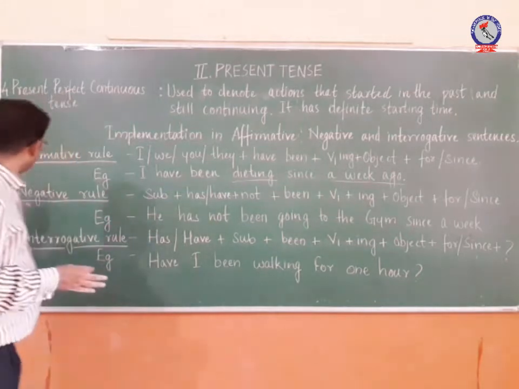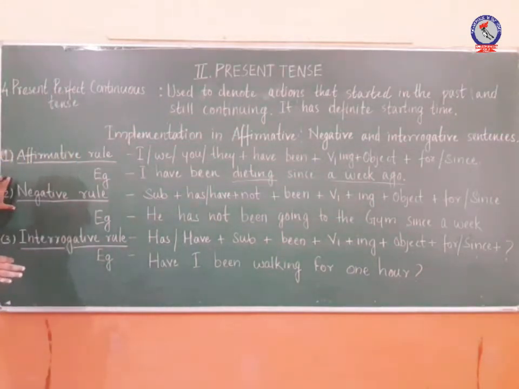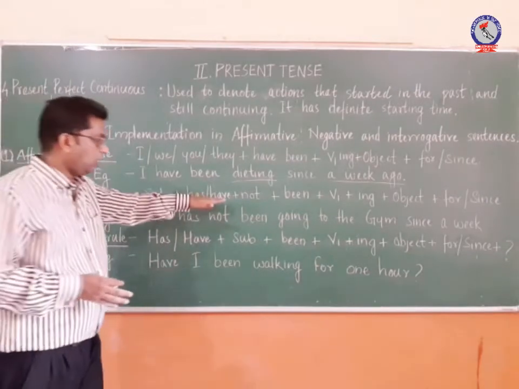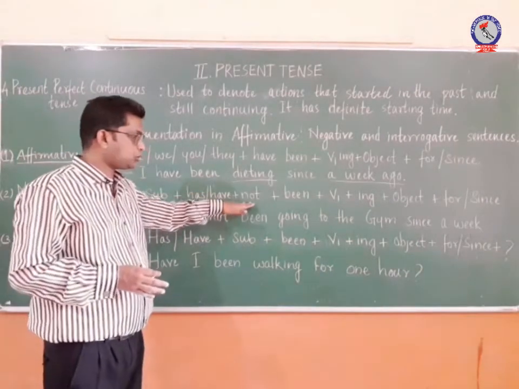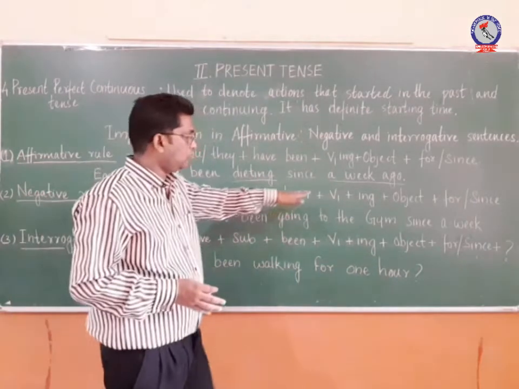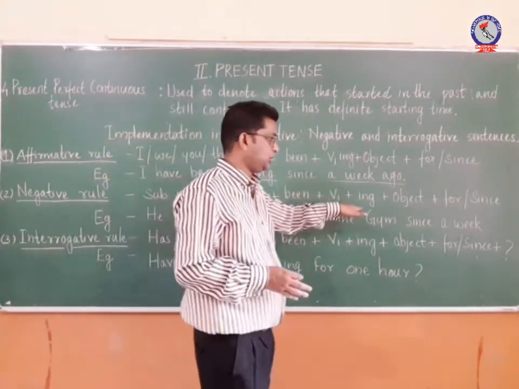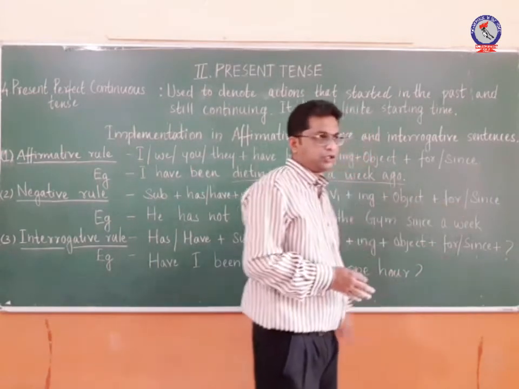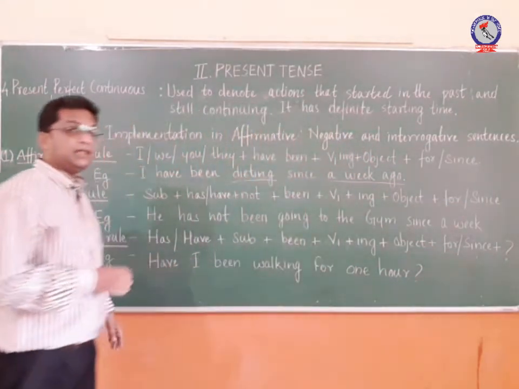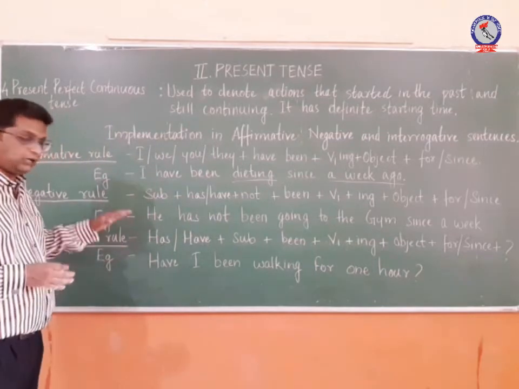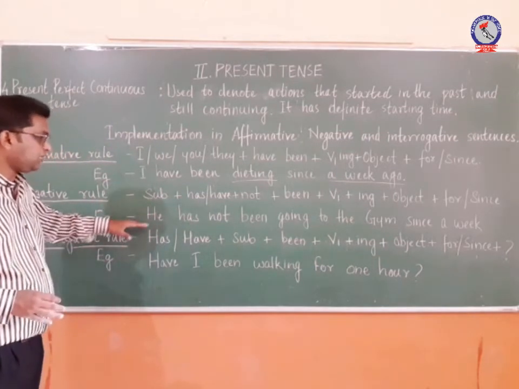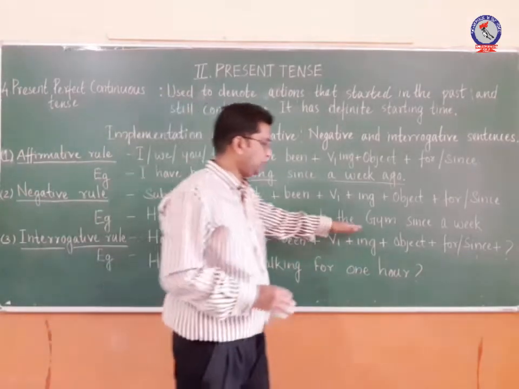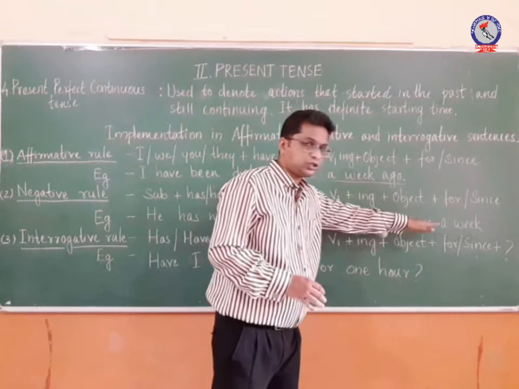Let's see the negative rule. Subject plus has or have not been, V1 plus ing, plus object, plus for or since. Now this is the negative rule. Let us frame a sentence here. He has not been going to the gym since last week.